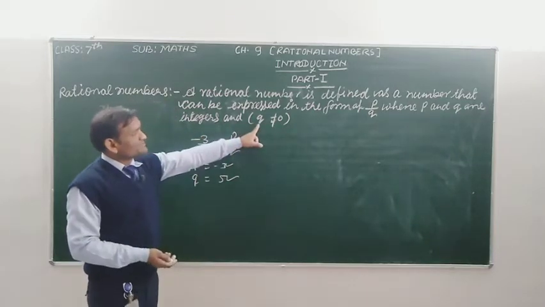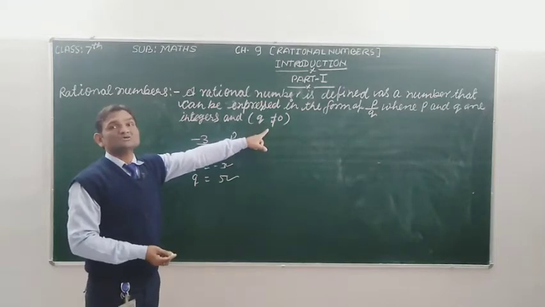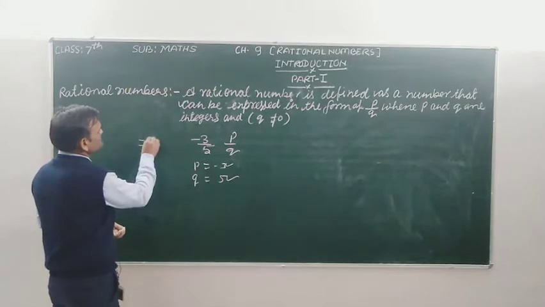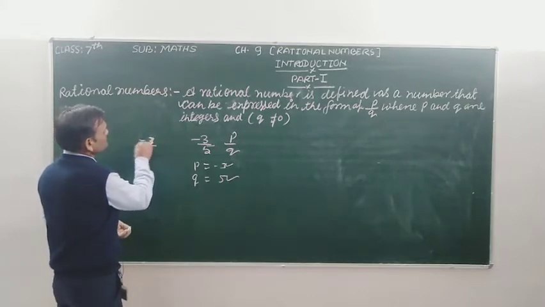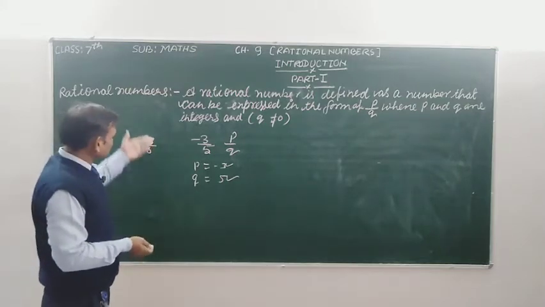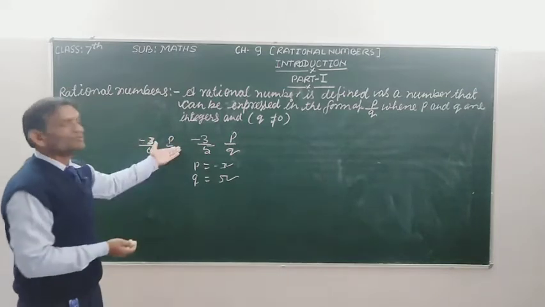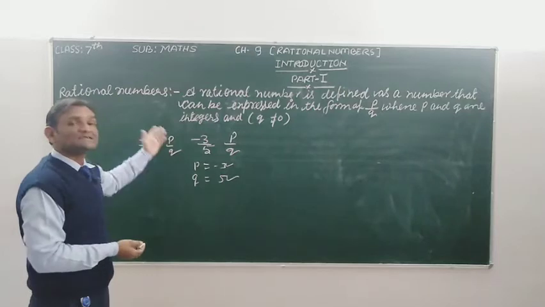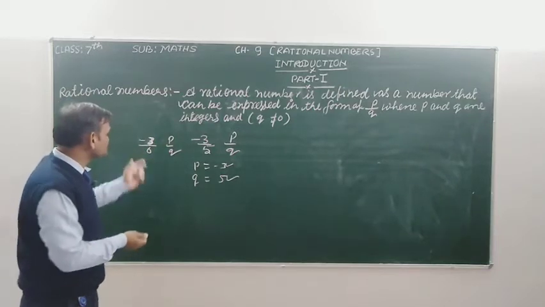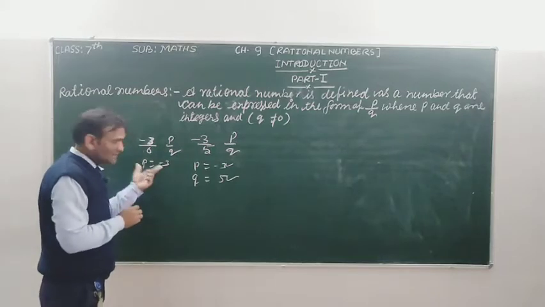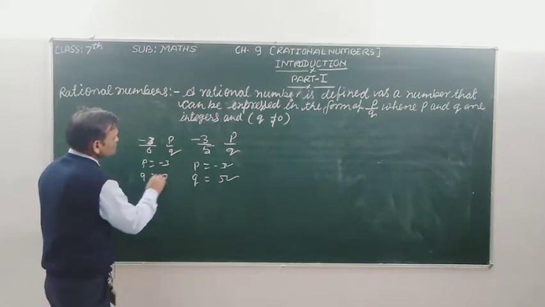But a condition is given, students: Q is not equal to 0. If we write here like this, minus 3 upon 0, you can say that, sir, this is written in the form of P upon Q. ये भी तो P upon Q के form में है, right? But it is not a rational number. Why? Because P is equal to minus 3, yes, but Q is equal to 0.